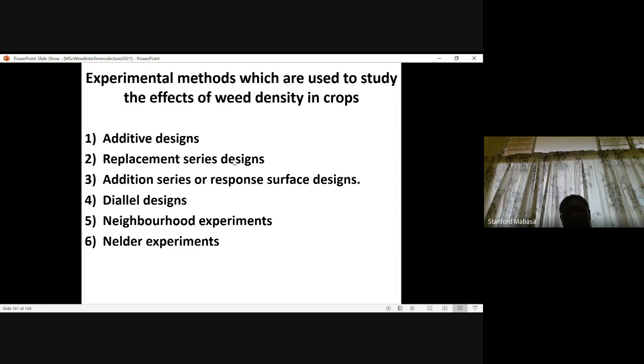This is when we're talking about weed control thresholds, the competitive ability of the weeds expressed as the maximum yield loss and the slope. Then we talked about replacement series designs where we can assess the competitive ability of both the weed and the crop.